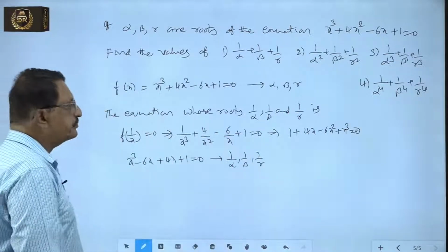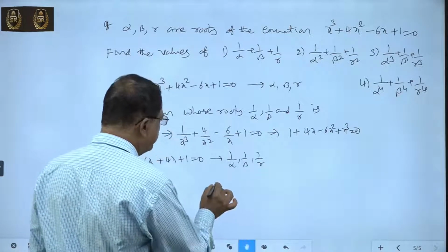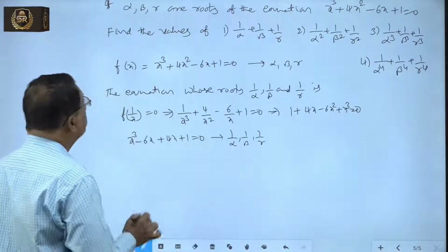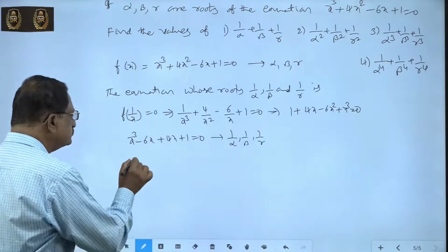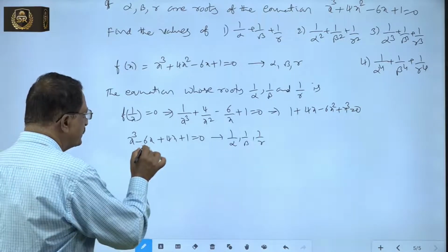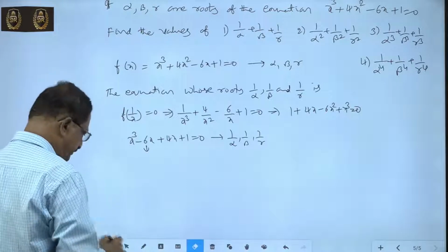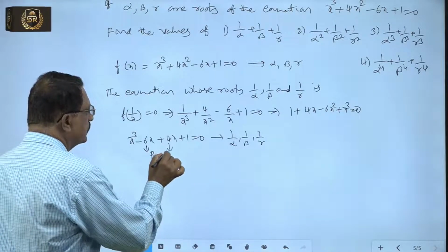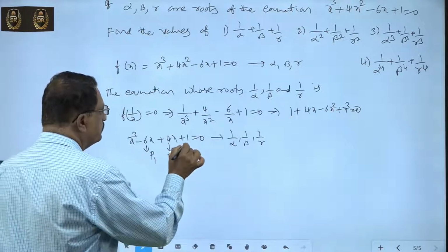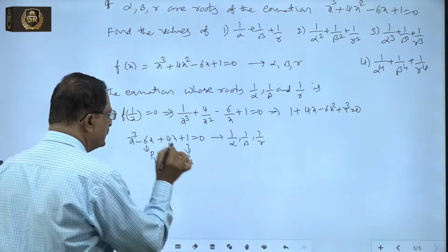Now, same by using Newton's method, here first of all P1 equals minus 6, P2 4, P3 1.